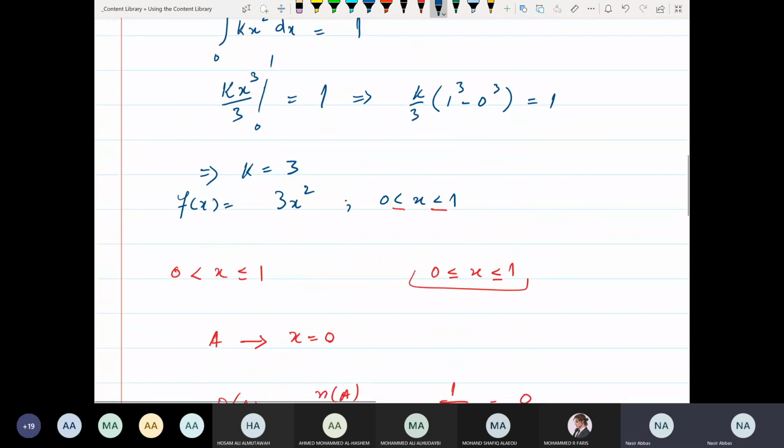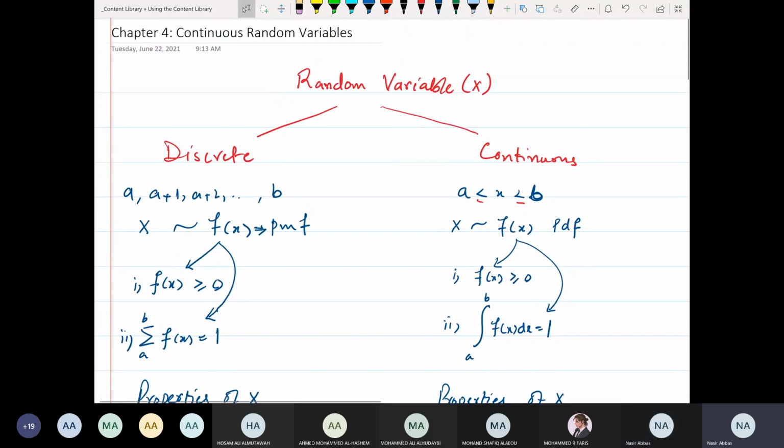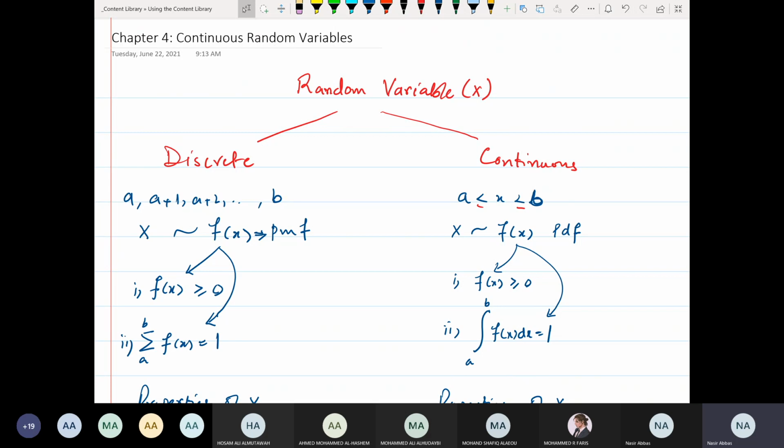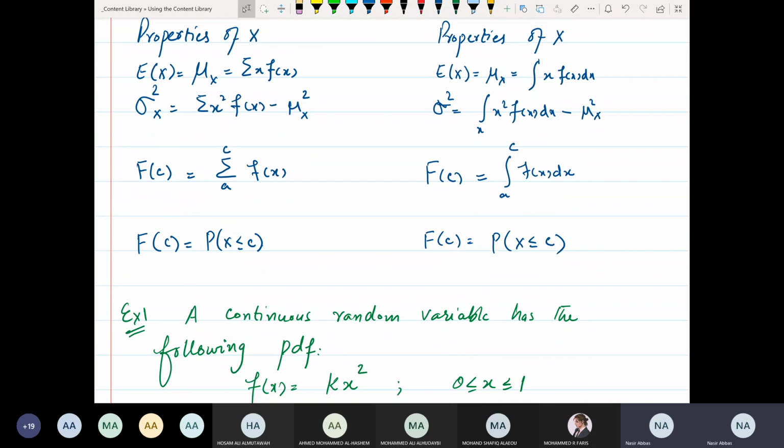Let me change the notation here a little bit, because this C is looking odd here. Generally, we give this C notation to something constant.